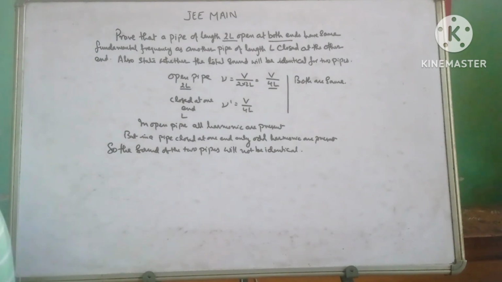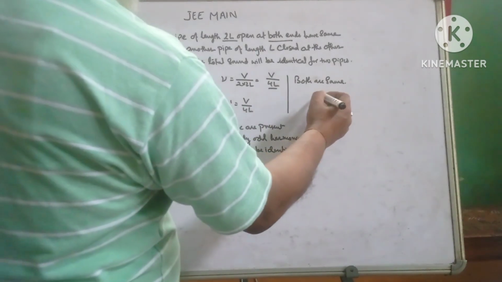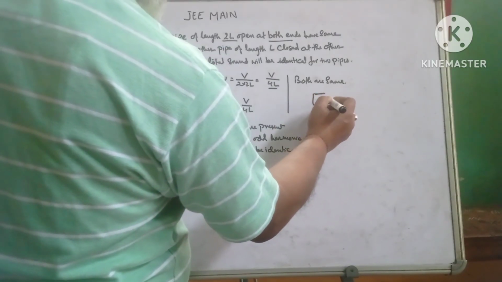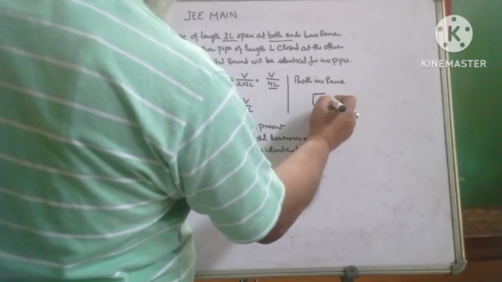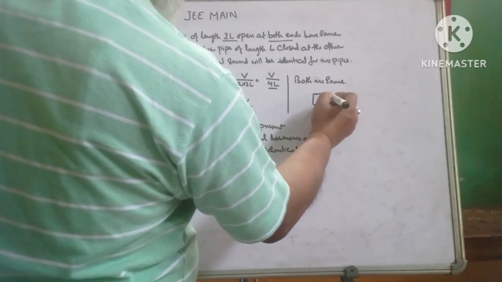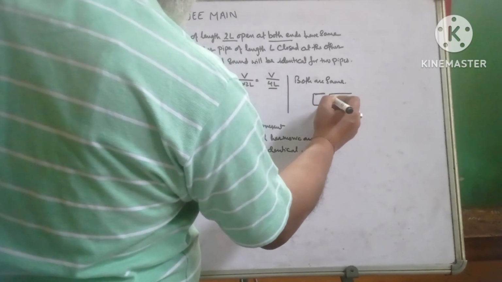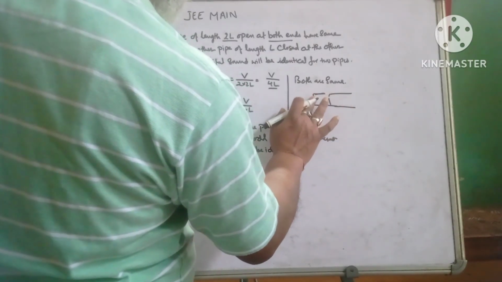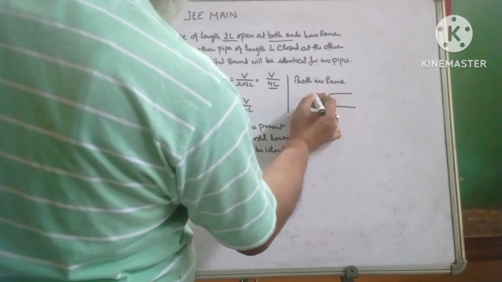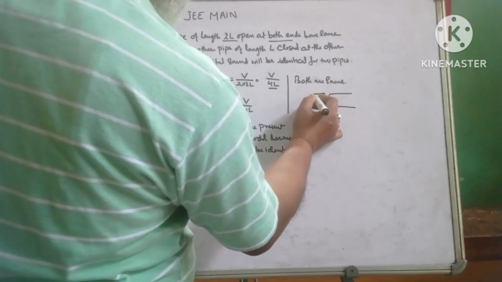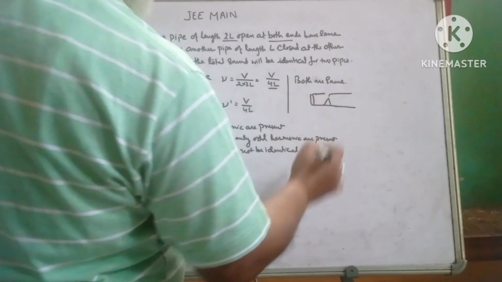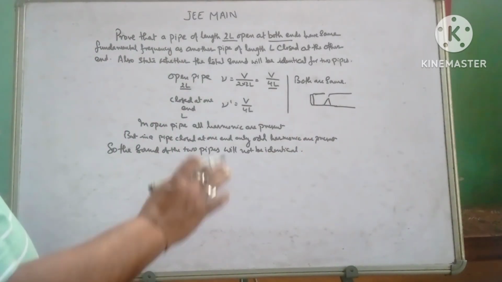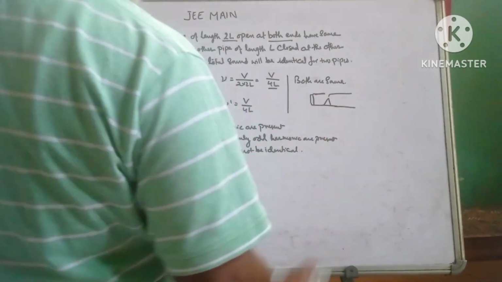The most important point here is that you take this flute, you have seen a flute, there's an edge here, like this edge, and it is open here, and this is closed at one end. It is almost like this.